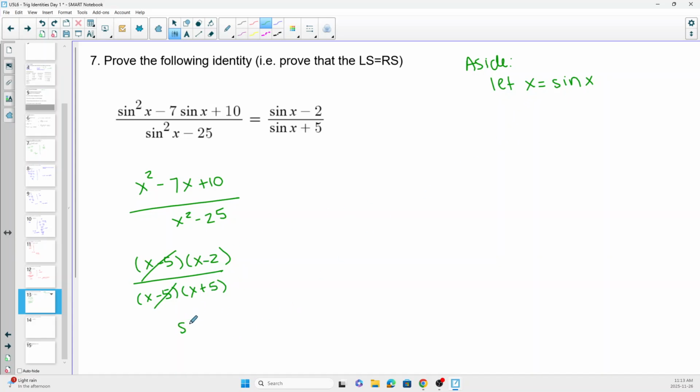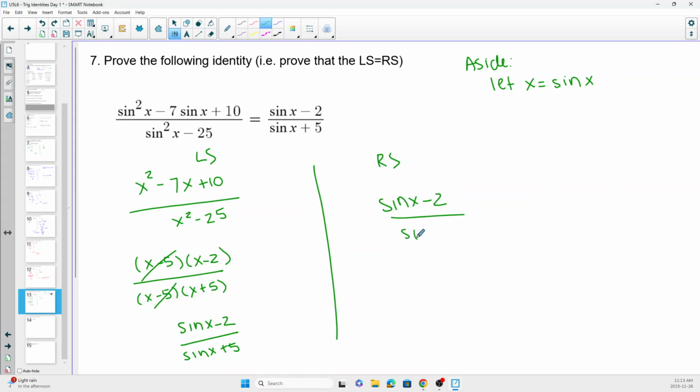So we have sine x minus 2 left in the top, and sine x plus 5 left in the bottom, and that is exactly what we had on the right side. So therefore, identity is proven. Okay, left side equals right side, therefore identity.